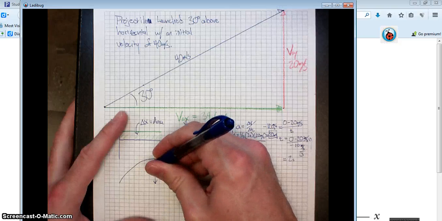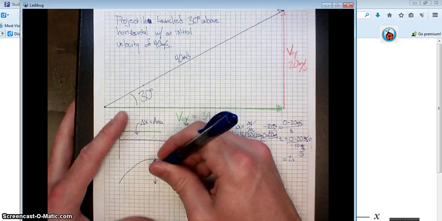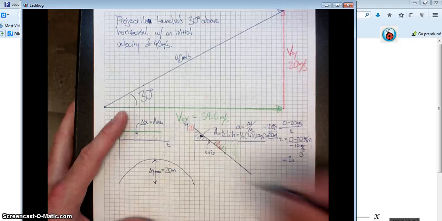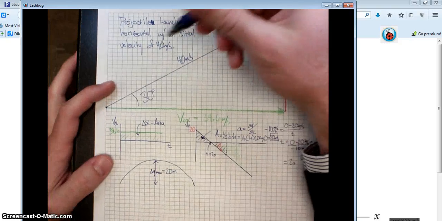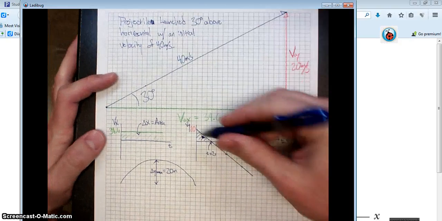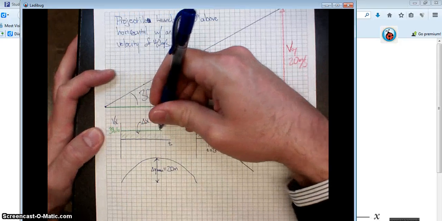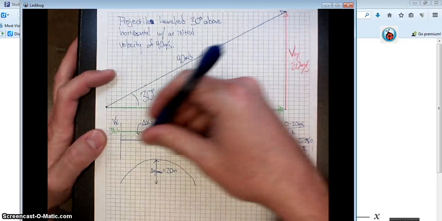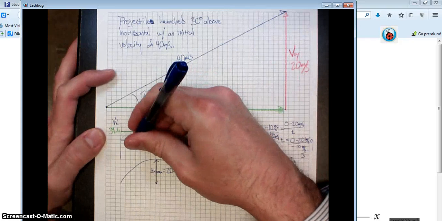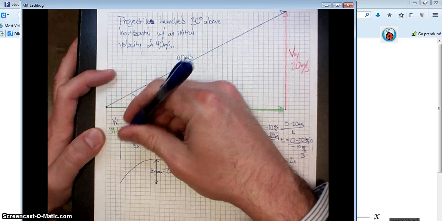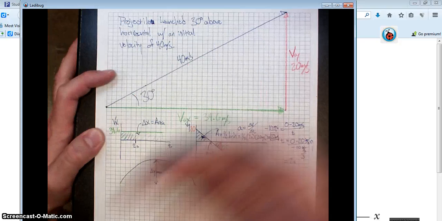So we just figured out that the delta y max, or whatever you want to call it, is 20 meters. Again, every projectile motion problem is 2 problems, so while it was doing this vertically, it was doing this in the horizontal direction. So during that 2 seconds, if I come over here and drop this down, let's say that's 2 seconds, then this area represents how far it moved downrange from where it was fired.